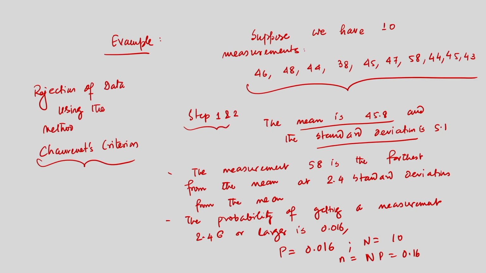If we go back to the previous slide, if we reject 58, then we will have 9 other measurements, and again we have to calculate the new mean and standard deviation.